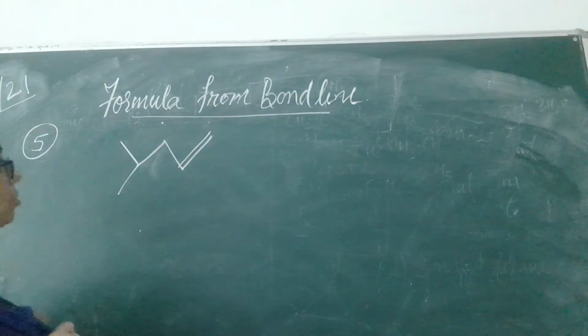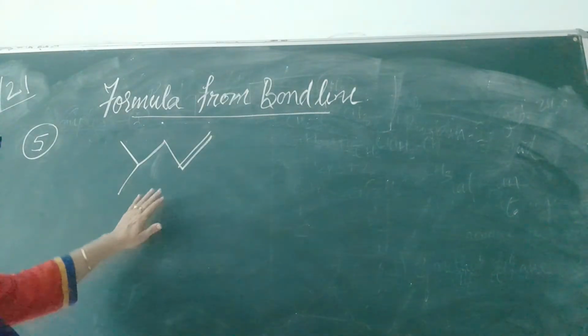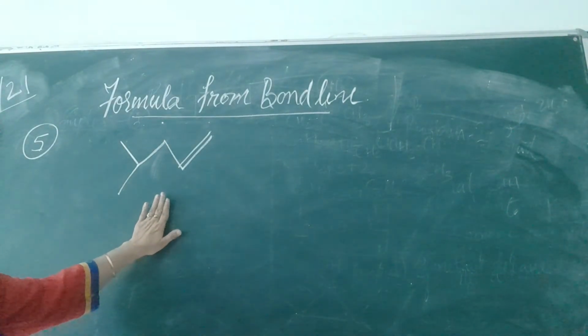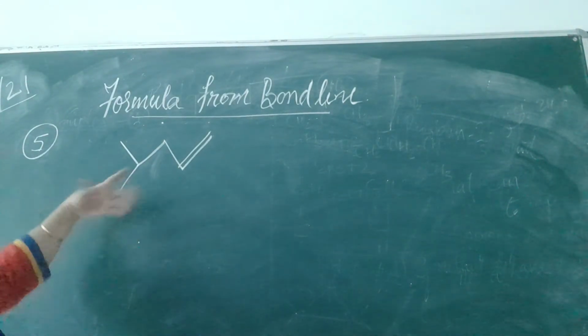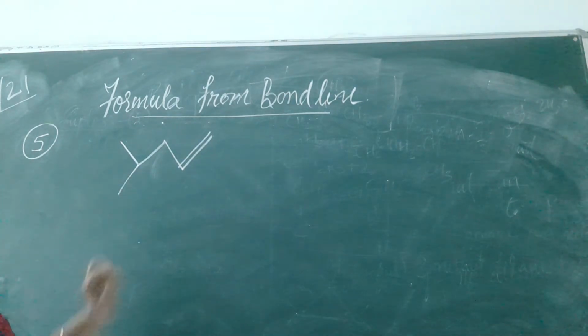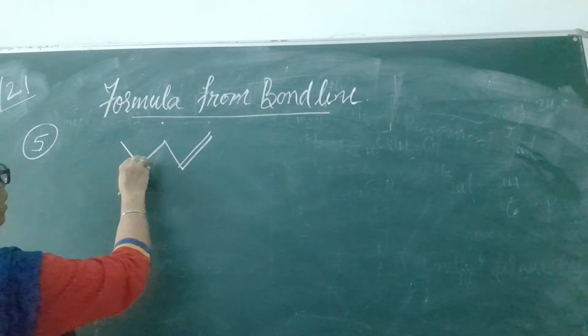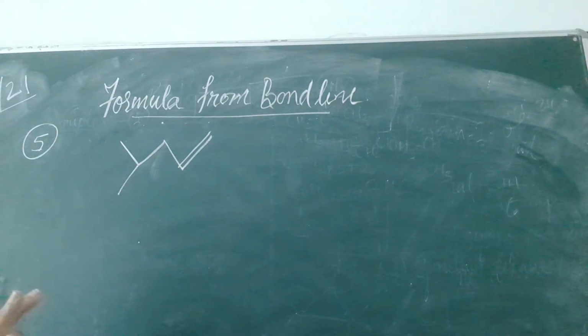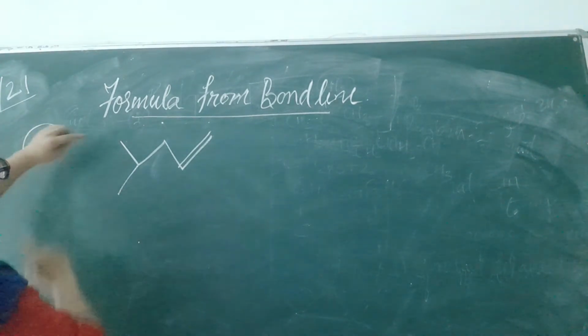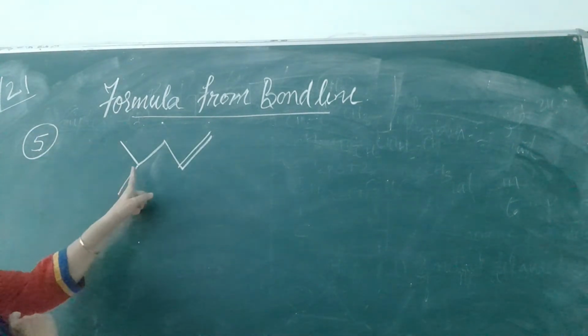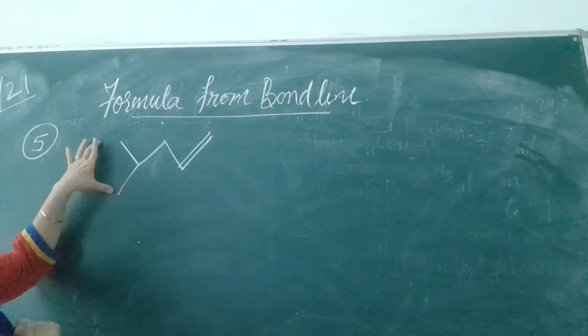Now, with the continuation of the same thing, we are going to another formula. This formula also seems to be very easy, children. You can find out the carbon chain either way. Either you consider this as the first carbon, with the 2 methyl groups attached.